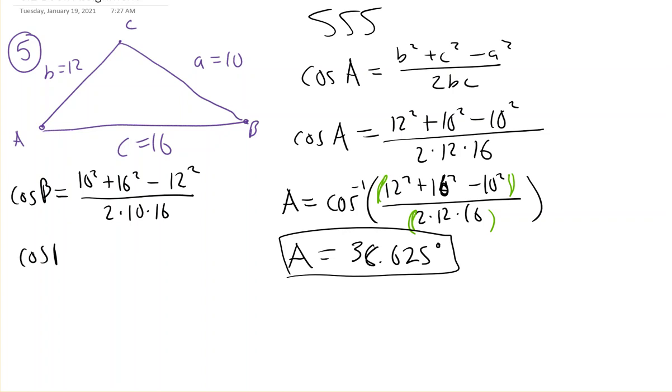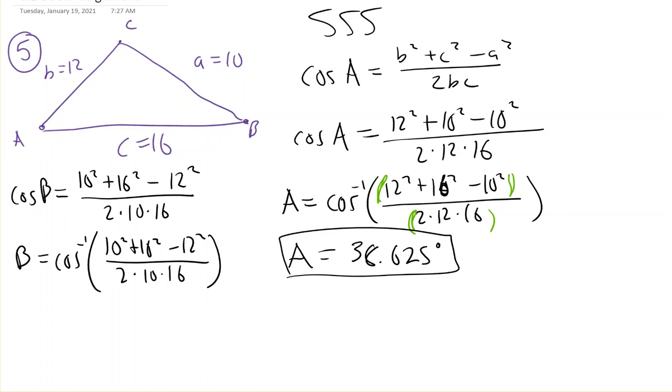So in my calculator, I'm going to say how many degrees is inverse cosine of 10 squared plus 16 squared minus 12 squared over 2 times 10 times 16. And now I'm going to make sure I put it in the parentheses correctly. Parentheses around the numerator, parentheses around the denominator.